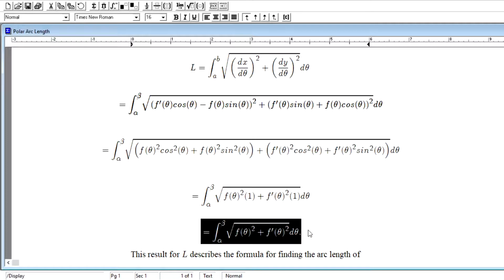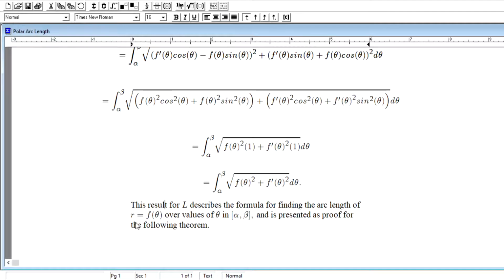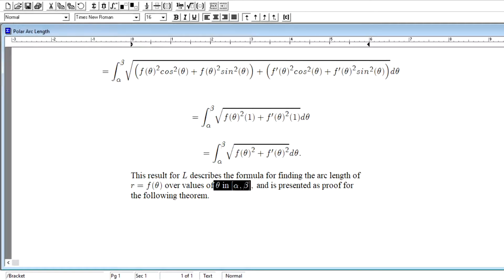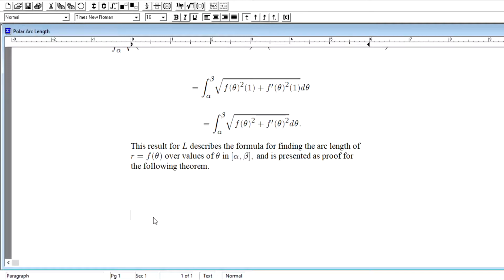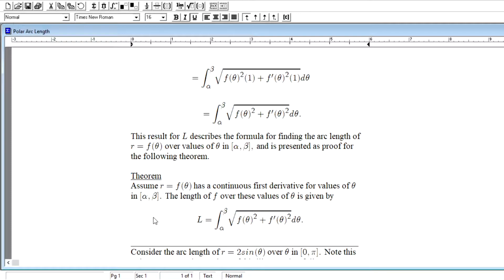We have this integration form with respect to our polar function r equal to f of theta, which involves our polar function f and its first derivative f prime of theta. Note, this result for L describes the formula for finding the arc length of r equal to f of theta over these values of theta in this closed interval from alpha to beta, and is presented as proof for the following theorem. So folks, that was our proof of this theorem.